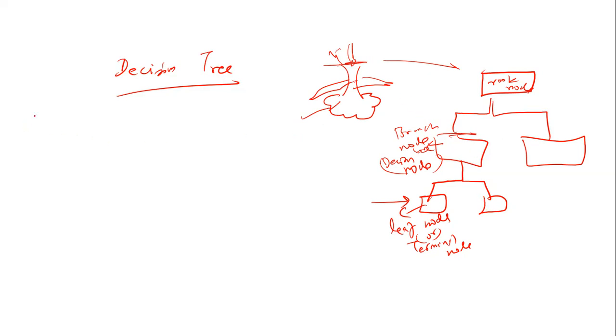Okay, so what can we do with the decision tree? What kind of problems can we solve? Using a decision tree, we can solve both regression and classification problems.